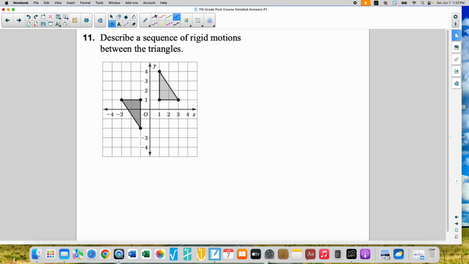That's the unfortunate part. But it rotates 180 degrees around the origin. And if this is the original, we can say counterclockwise.